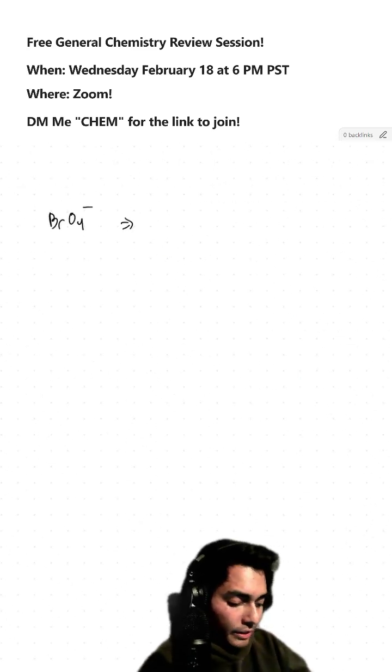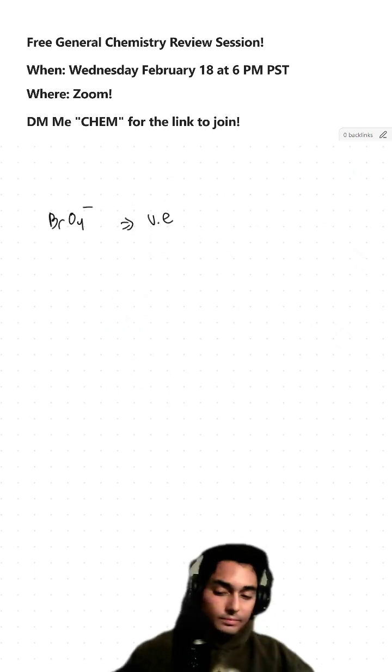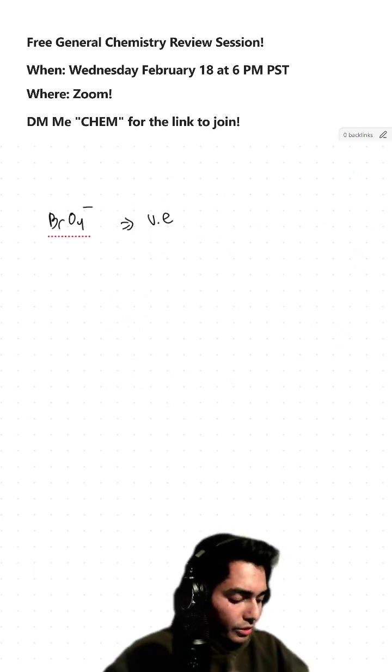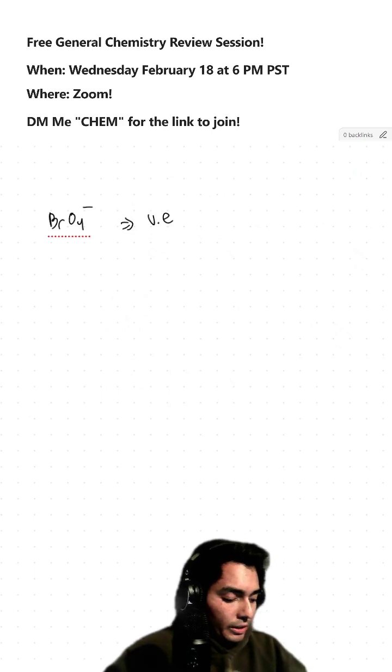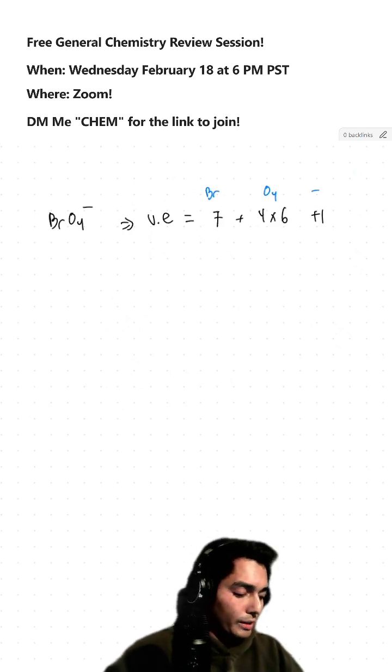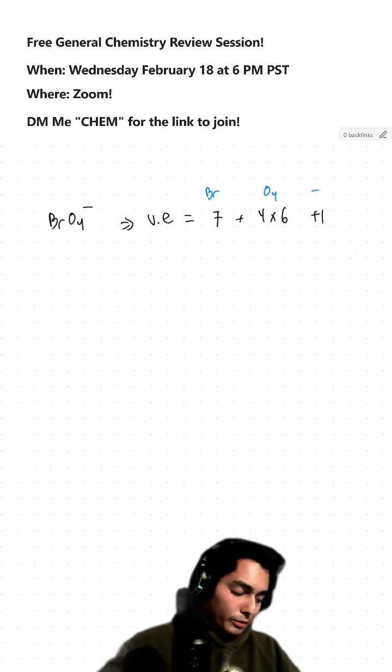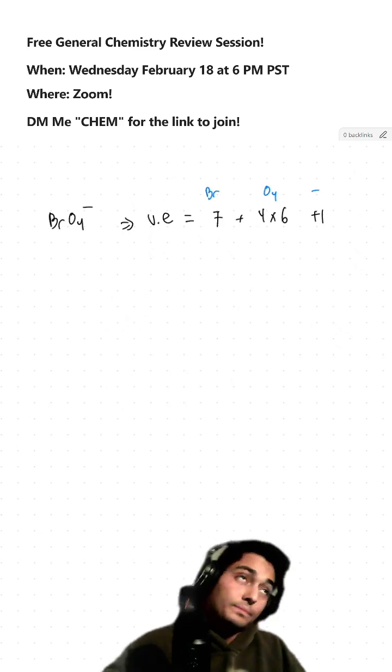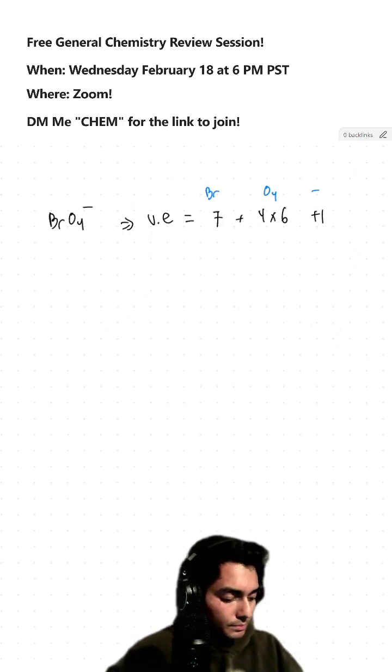The number of valence electrons is going to be equal to, okay, bromine is going to have 7, and then I have 4 oxygens, which each donate 6, plus 1 for the minus charge. So in total, 4 times 6 is 24, 24 plus 8 is 32.